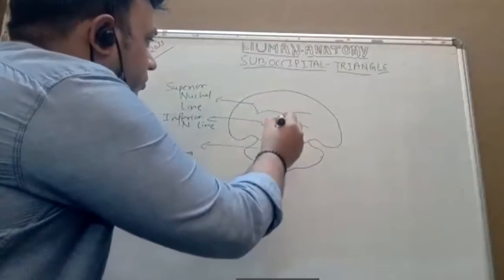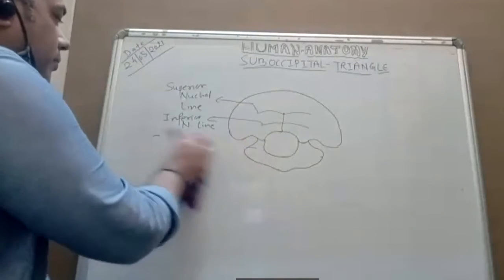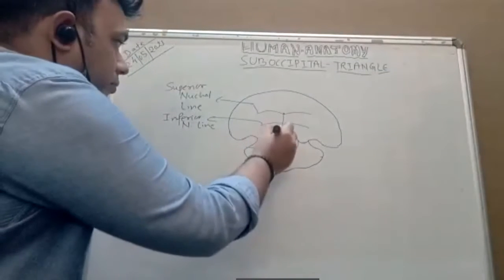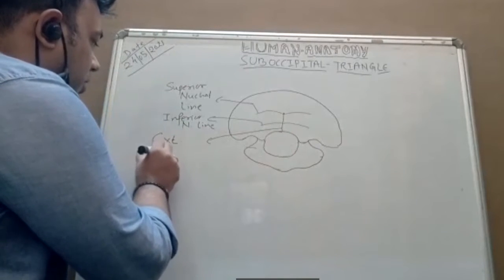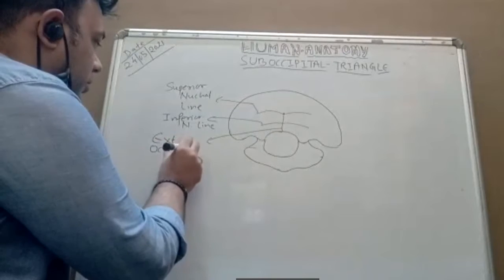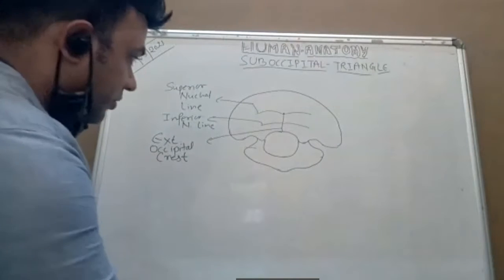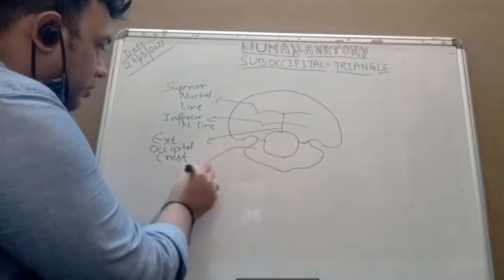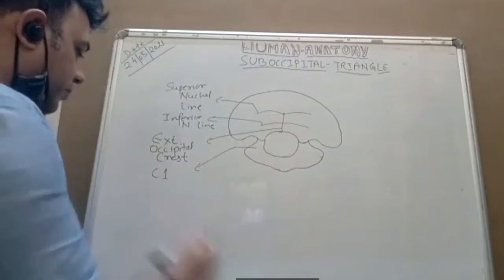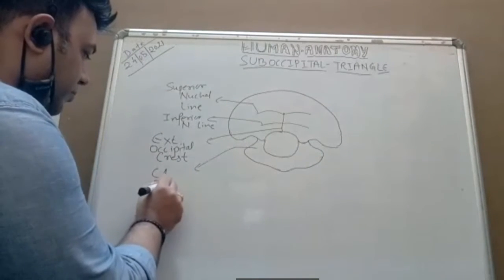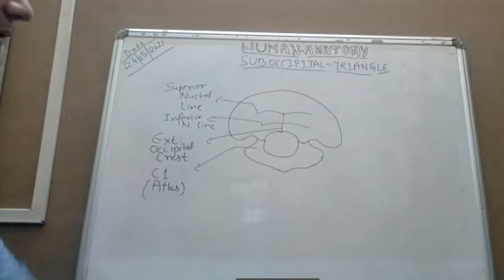And this is external occipital crest. Are you able to see? And this is C1 vertebra, or simply atlas. Okay, vertebra or atlas bone.